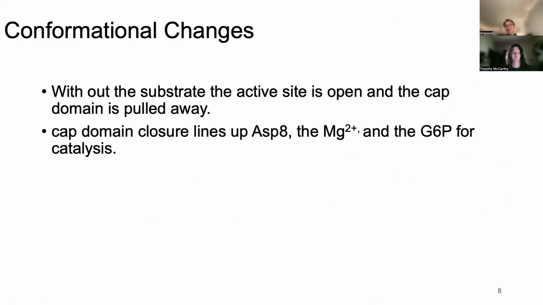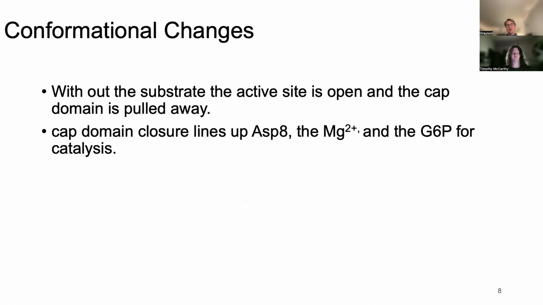So in the apo form, with no ligand bound, the active site is more open and the cap and loop regions are pulled away from the pocket. In the ligand-bound or transition-like structures, these elements move inwards and close over the active site.